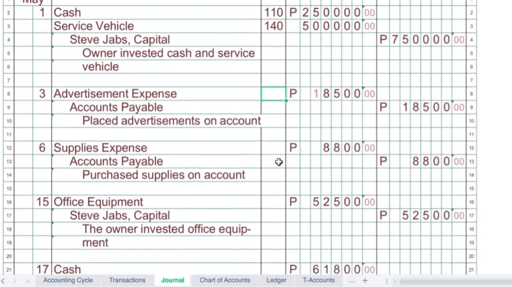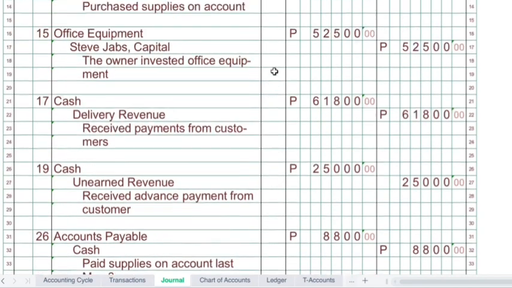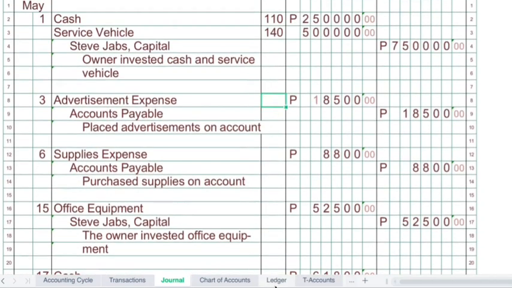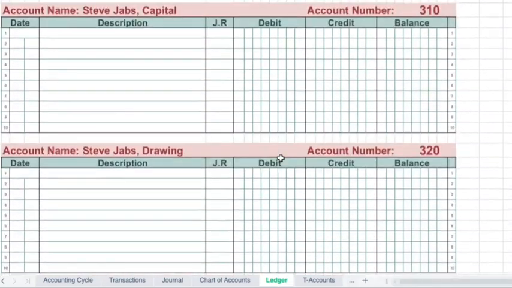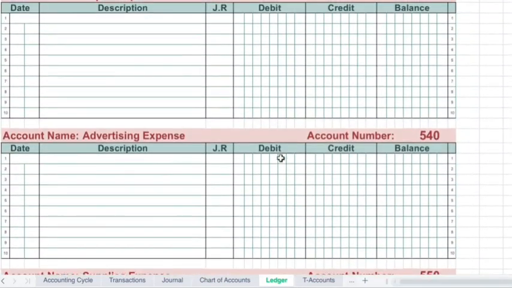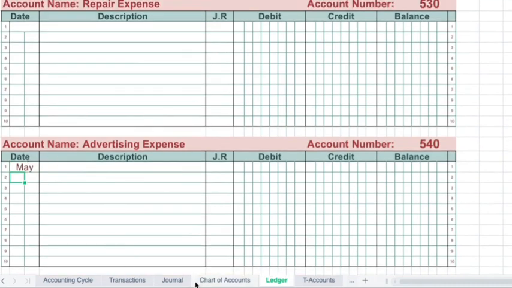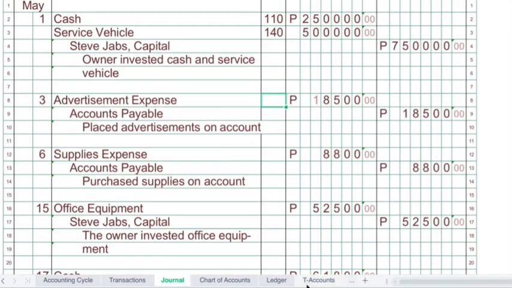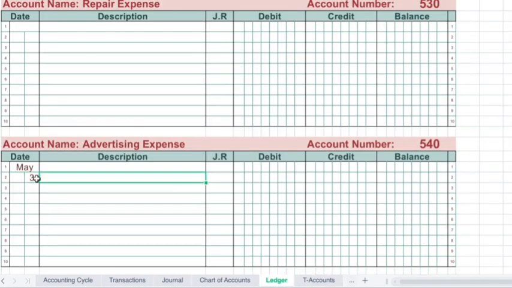So, for example, dito sa advertisement expense, imagine na na-input na natin siya. 18,500. Place advertisement on account. May 1. So, that is debit.